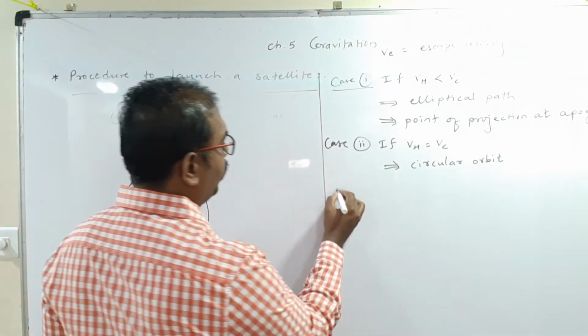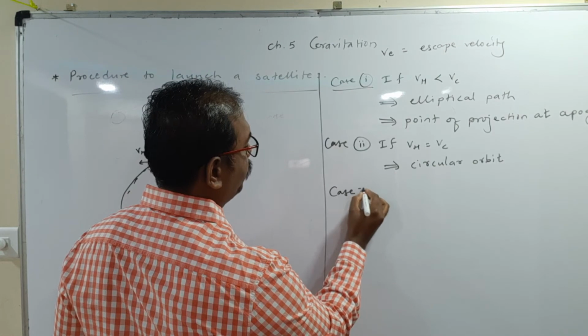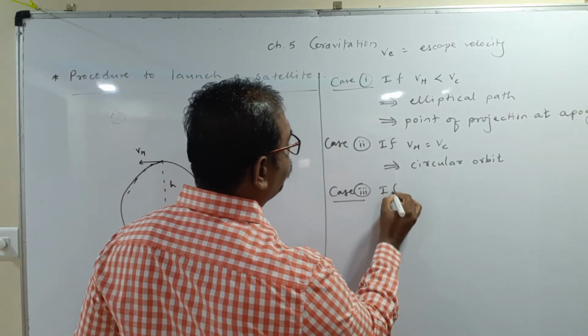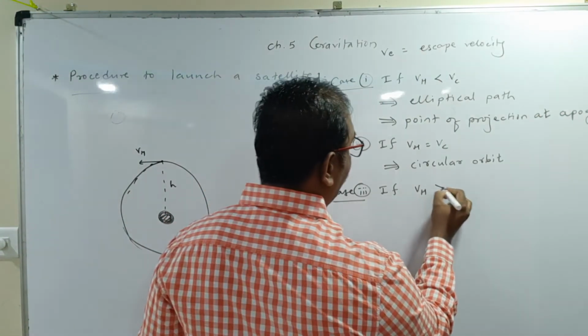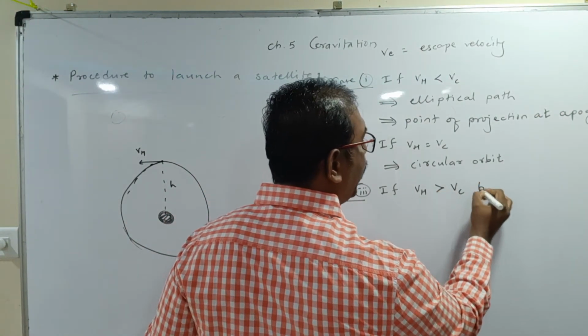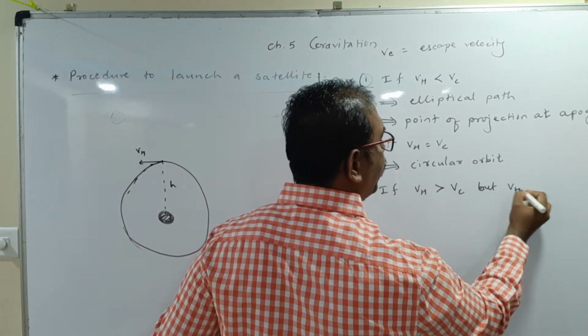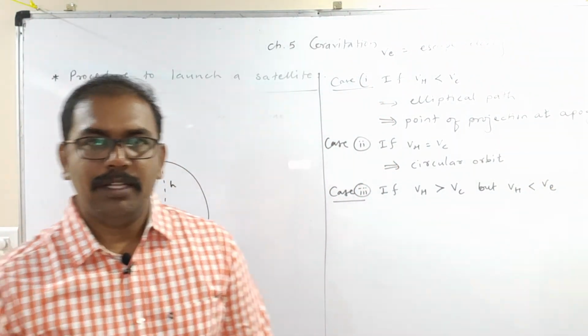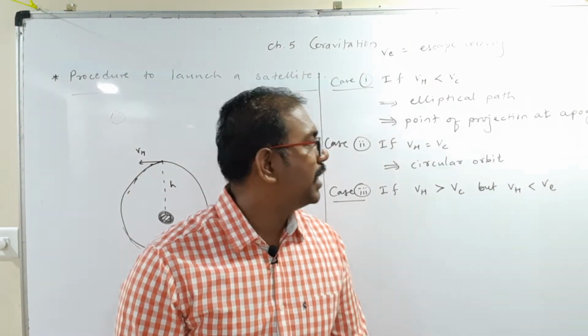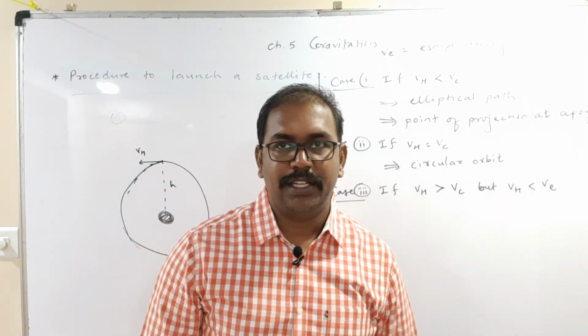Now case number 3. If horizontal velocity is greater than critical, but horizontal velocity is less than escape velocity. Escape velocity means the velocity due to which a satellite escapes the gravitational field.